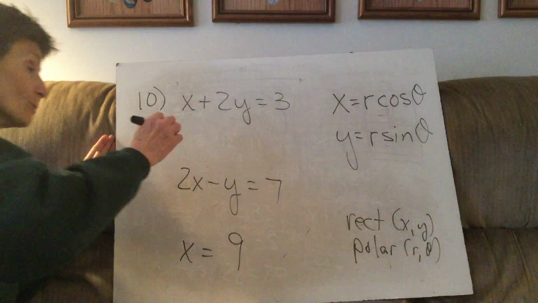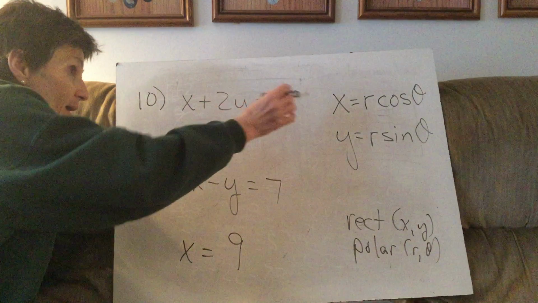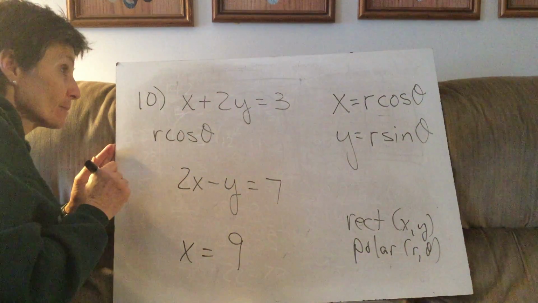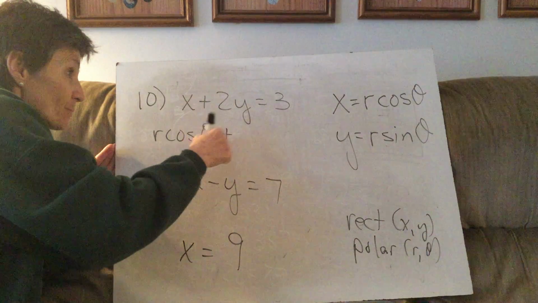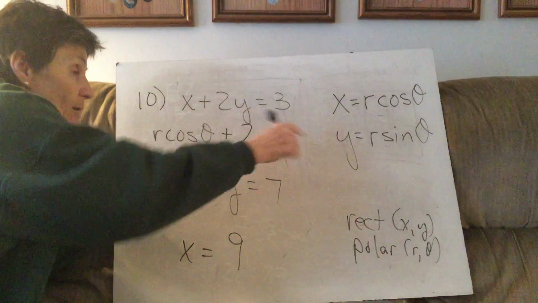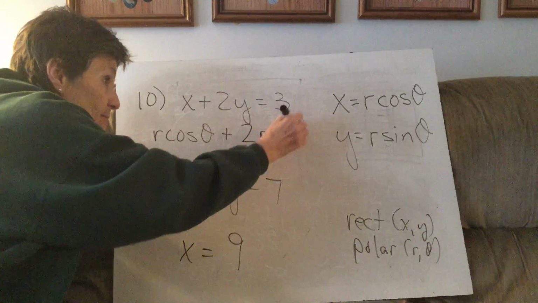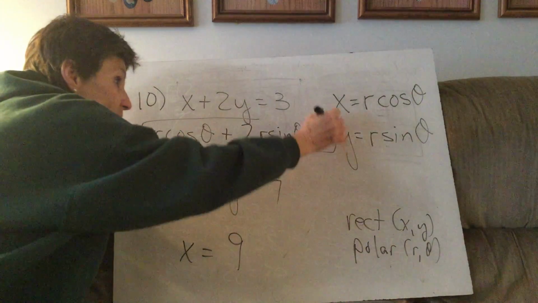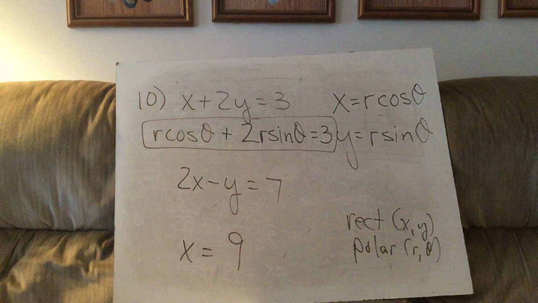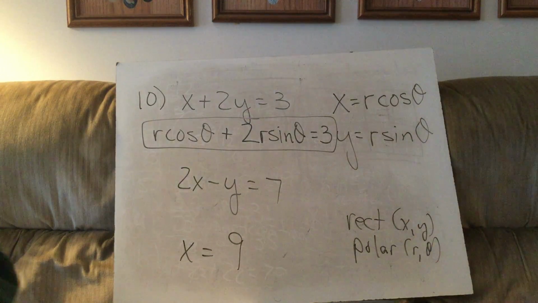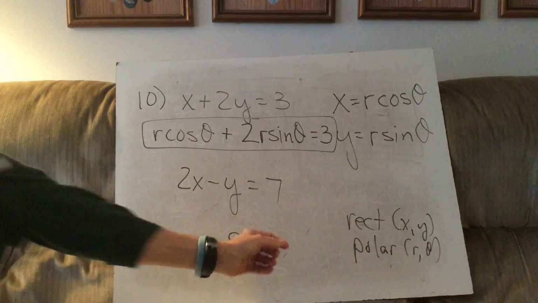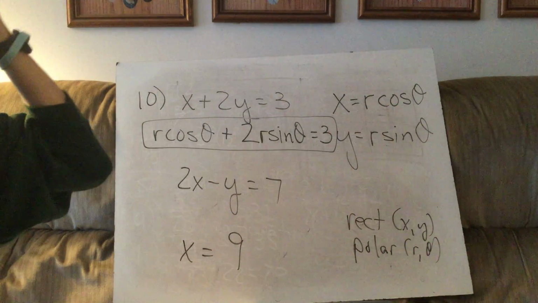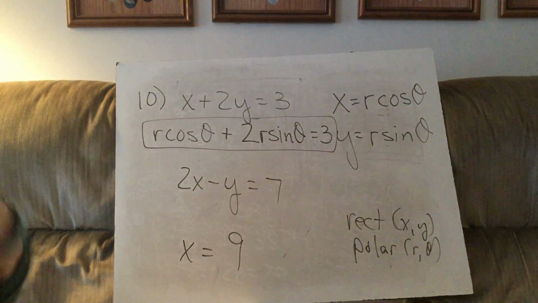So all we're going to do is take this x and replace it with r cosine theta plus 2 r sine theta equals 3. And that is all there is to it, you guys. That's it. Now, if we were going to be sketching this, which we are not, we might want to manipulate that equation a little bit, change its form, move things around.